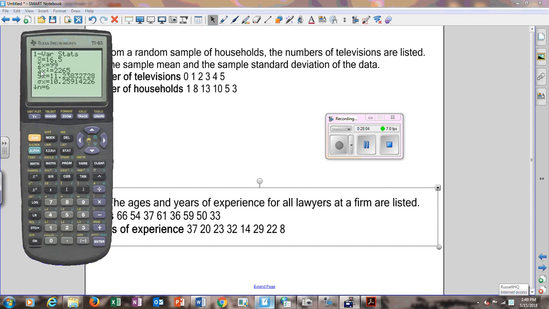What you do to find the sample mean there, because it's a frequency distribution, is take the sum of x, which is 99, and divide that by the number of households they're looking at, which is 40. So you do 99 divided by 40, and you get 2.475 as your sample mean.